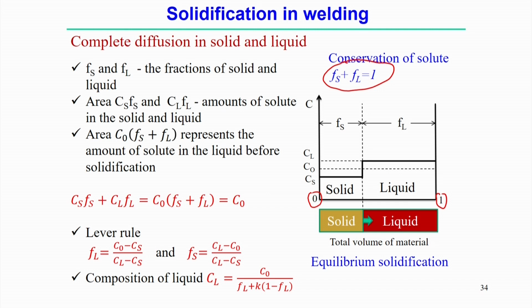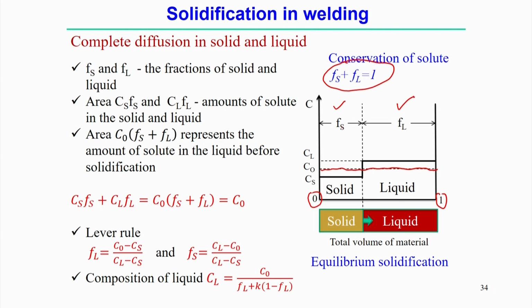So, the total fraction should be 1. Graphically, at any point this is the liquid fraction, this is the solid fraction, and C0 is the initial composition of the solute.